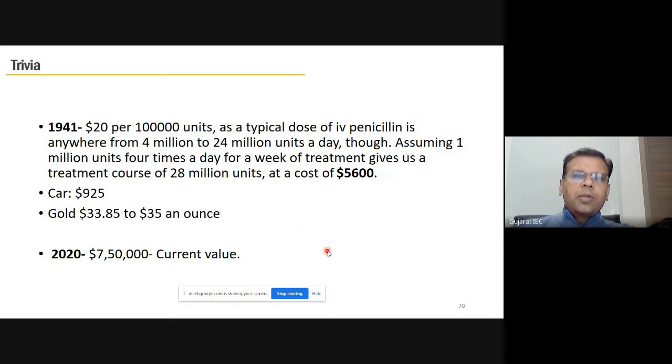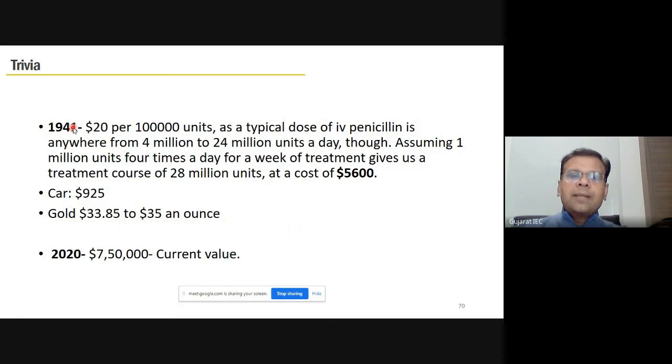But if you compare that with penicillin, which was first discovered in 1941, the cost at that particular time was nearly 5,600 dollars. At that time, in 1941, the cost of a car was only 925 dollars, and gold was nearly 33 to 35 dollars an ounce.